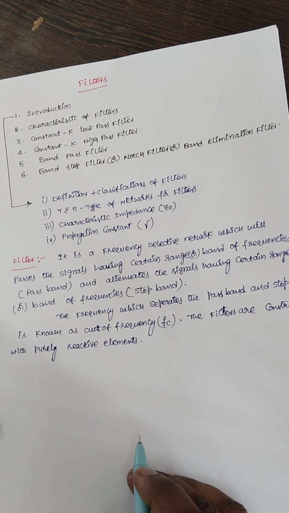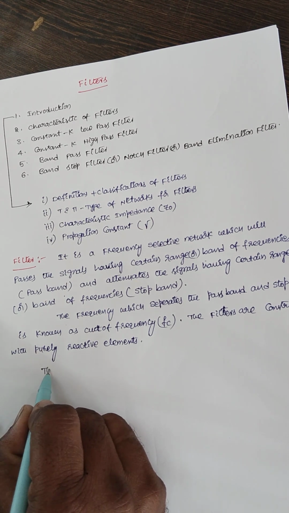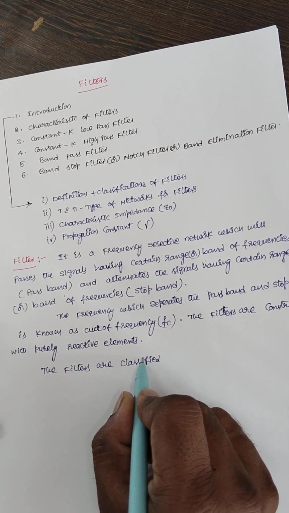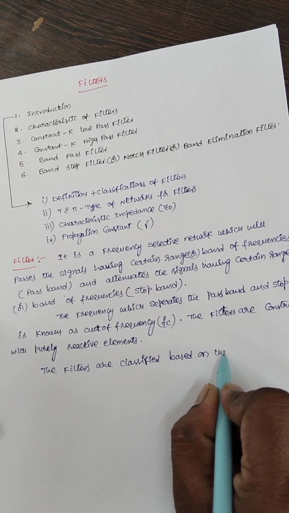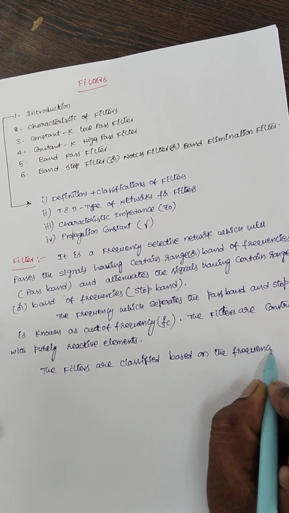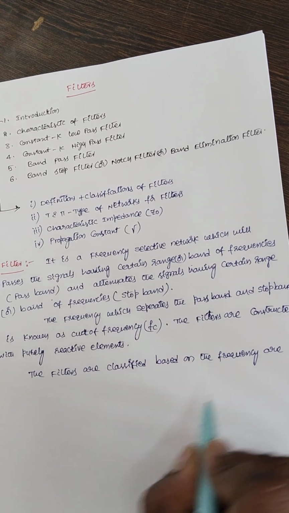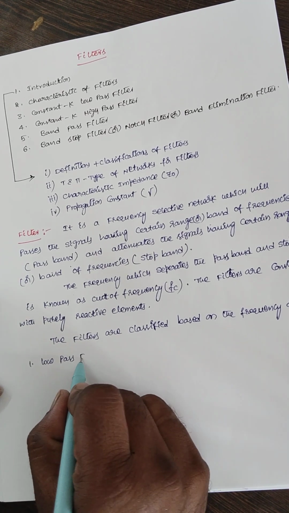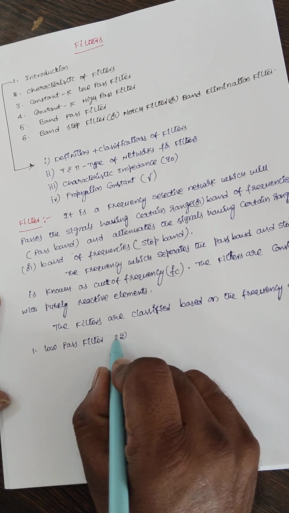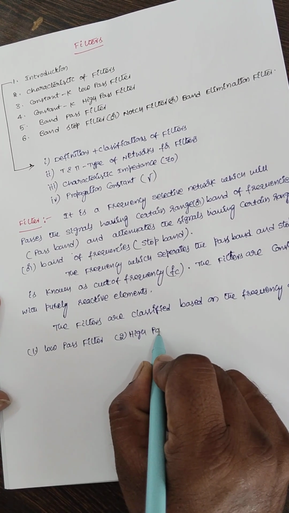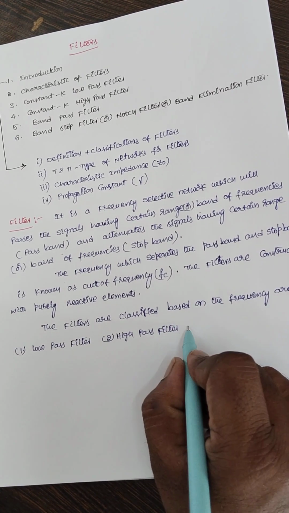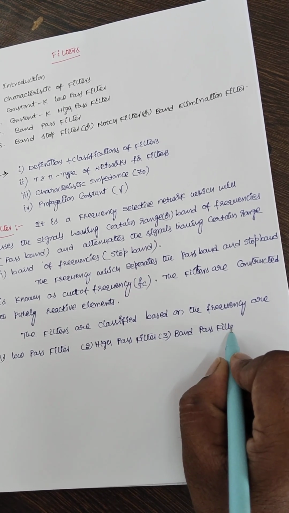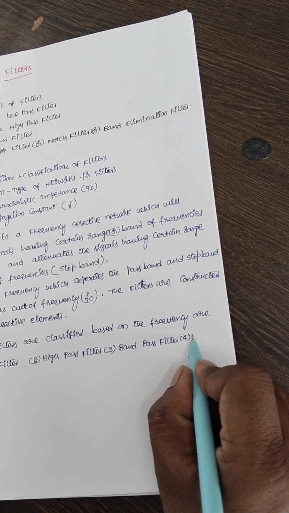Depending upon the frequency, the filters are classified as: first one, low pass filter; second one, high pass filter; third one, band pass filter; and fourth one, band stop filter.